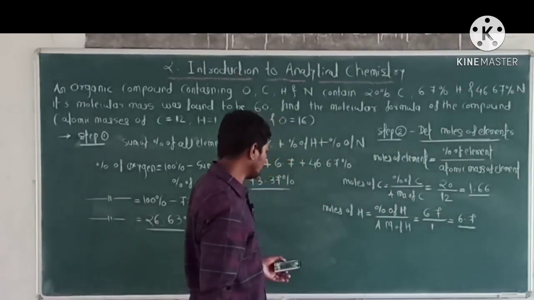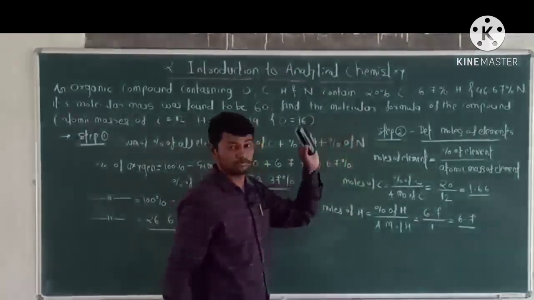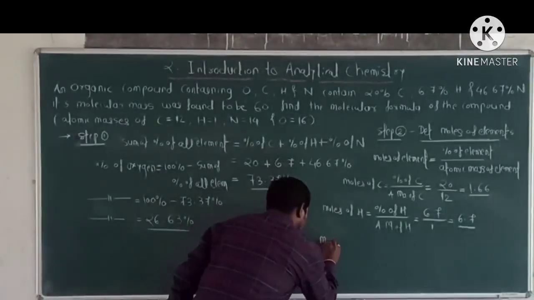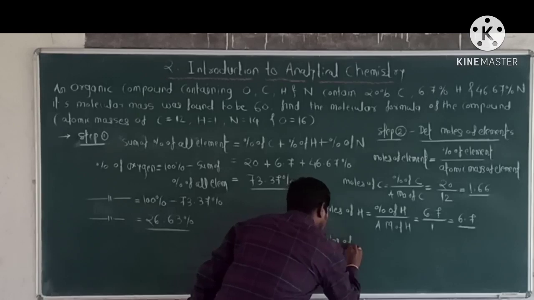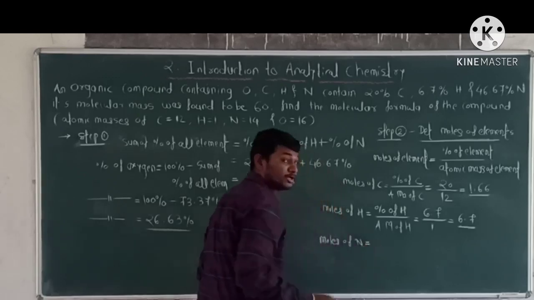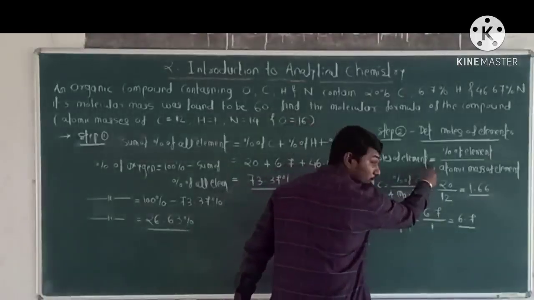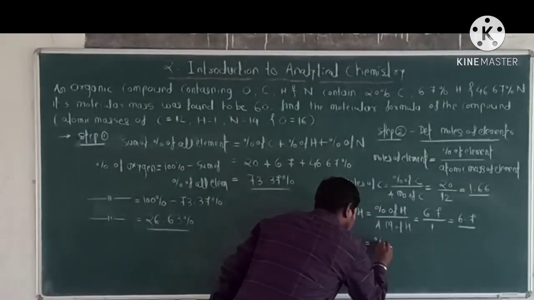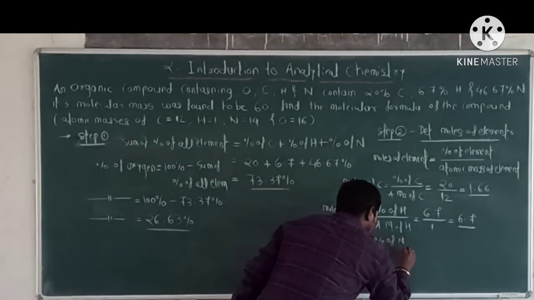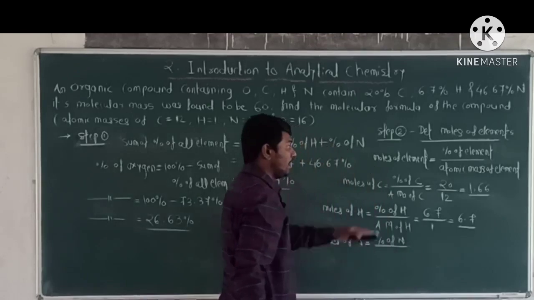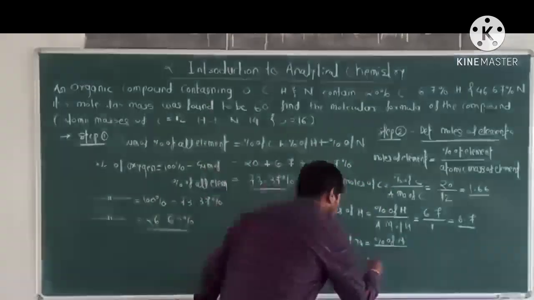Now, after that, find out the moles of nitrogen. Moles of nitrogen is equal to the percentage of nitrogen divided by the atomic mass of nitrogen.